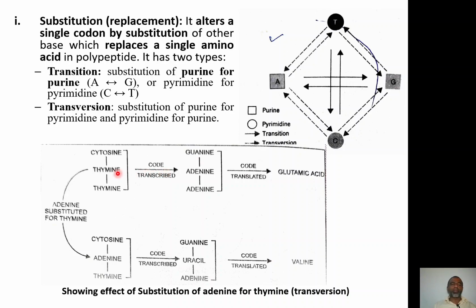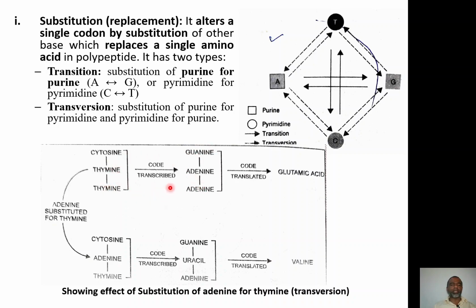So, for example, because you know every triplet code of the DNA is responsible for one amino acid, say you are having this triplet code, cytosine, thymine and thymine, once C, T, T are present in the DNA, and on transcription, cytosine will have the guanine on its opposite end on the messenger RNA, thymine will have the adenine, and this thymine will also have the adenine.